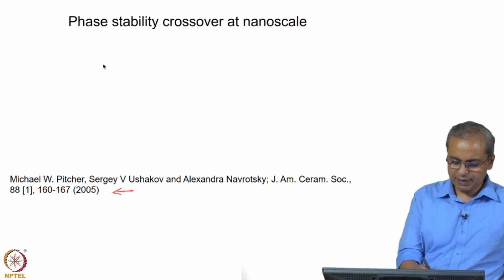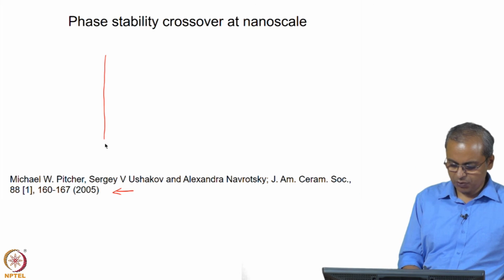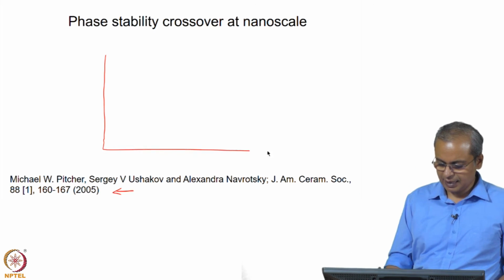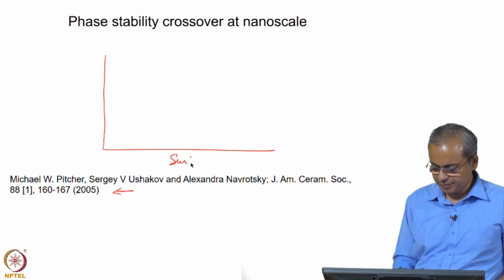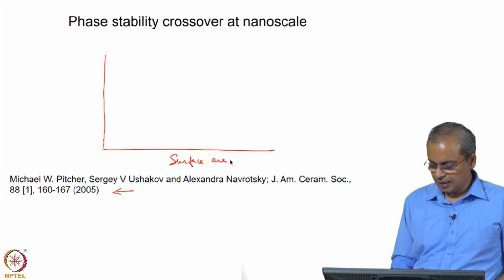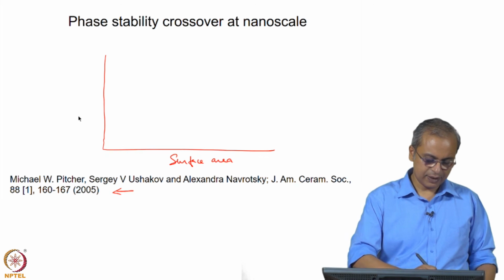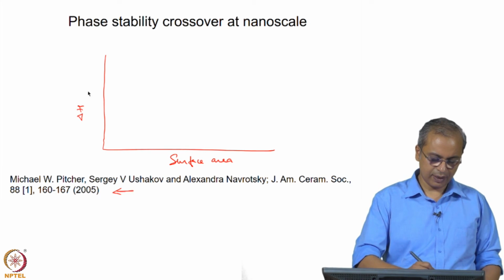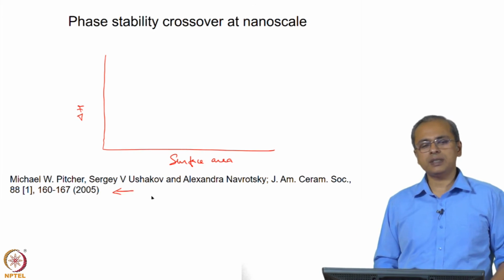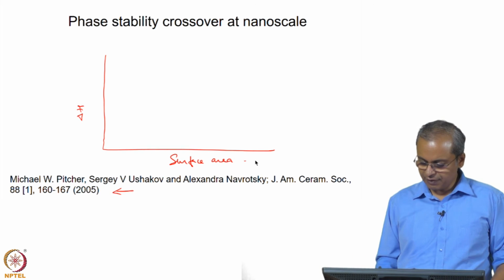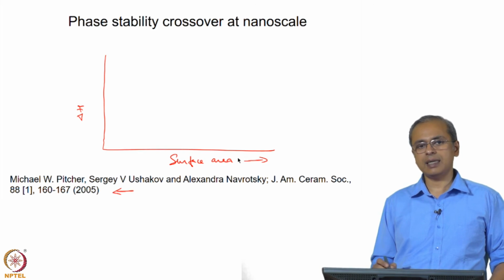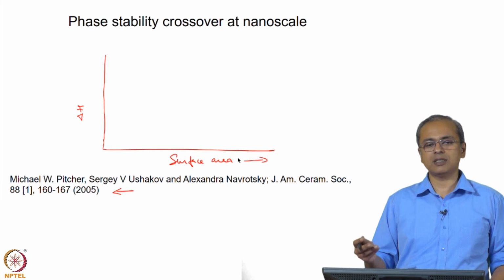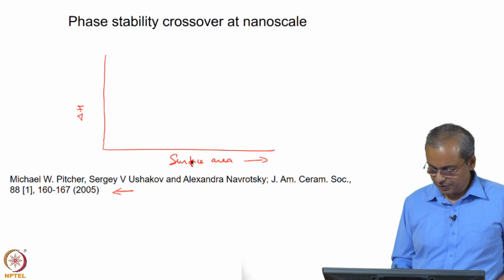So, basically, just to show you a trend of what kind of information they get, they have surface area here, and you have this delta H data out here. What you will see is increasing surface area, let us say specific surface area, surface area per mole.